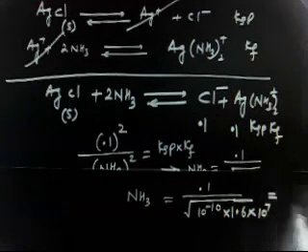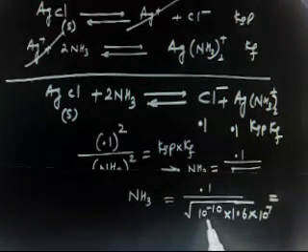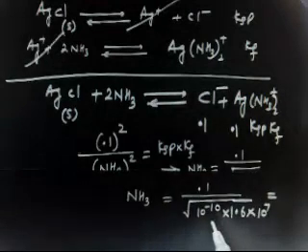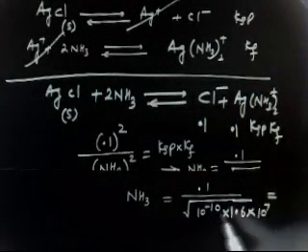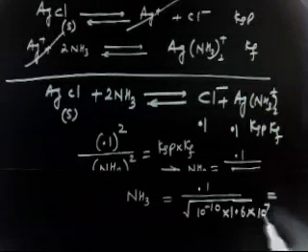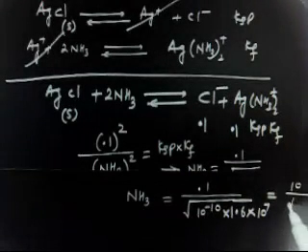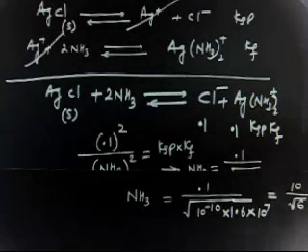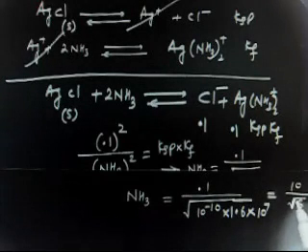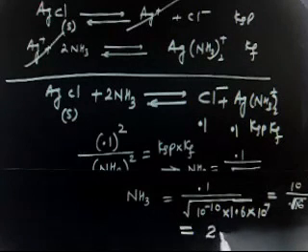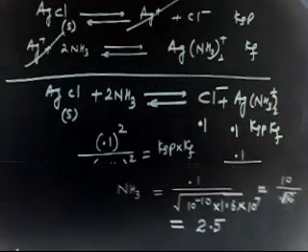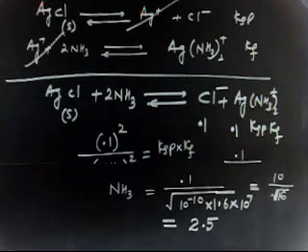So what is this value? Let us put it like this, 10 to the power minus 3, so why not make it 10 to the power minus 4? So this is 10 divided by under root 16. Root 16 is simply 4. So 10 divided by 4, that is 2.5. Are you getting it or not? So you can calculate this. This is the calculation part.